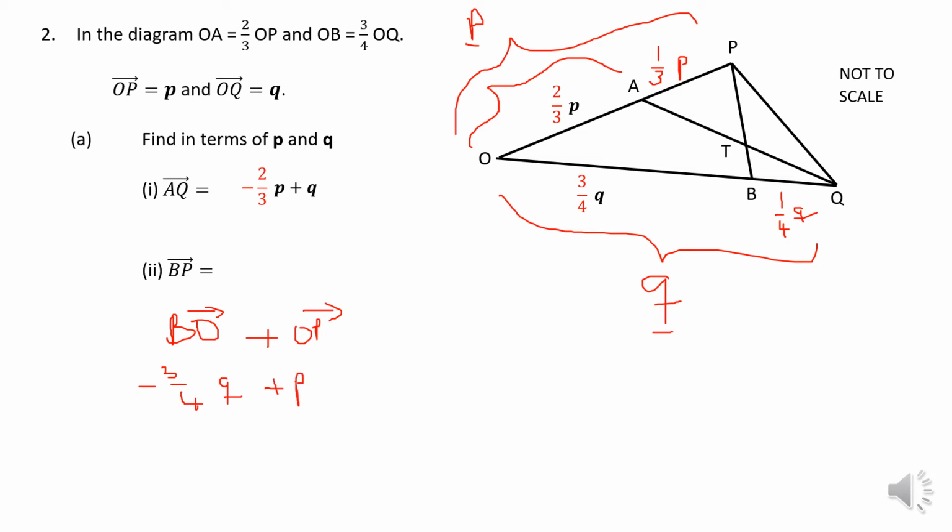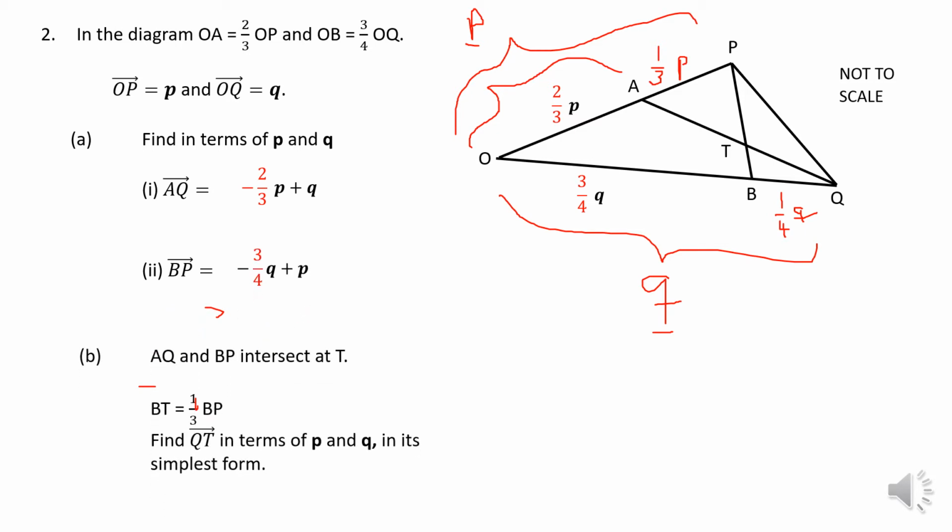Okay, so you would realize that I have minus 3/4 Q plus P, which is represented by that whole distance up there. Now they're telling us something else. They're saying that BT, which is this little distance from here to here, is 1/3 of what BP is.